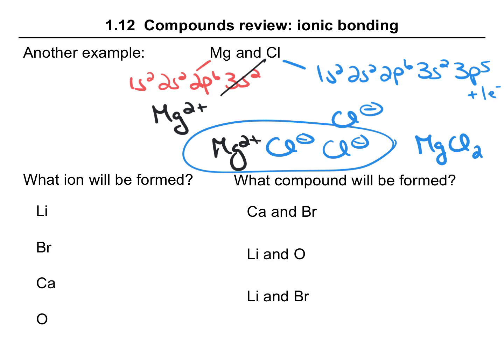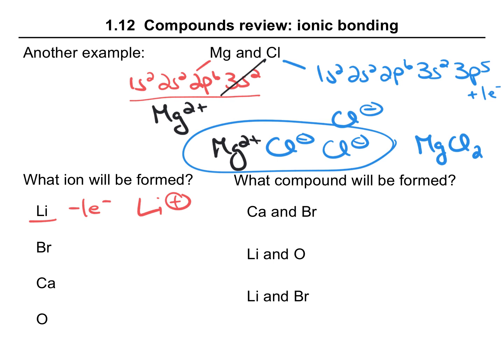Let's look at a few other examples and think about what ion is going to be formed. We can write out the electron configuration, figure out whether it has to gain or lose an electron, but really we can just focus on the valence electrons. Lithium is in the first column of the periodic table, so it has 1 valence electron, so it wants to lose 1 electron to form a lithium+ cation.